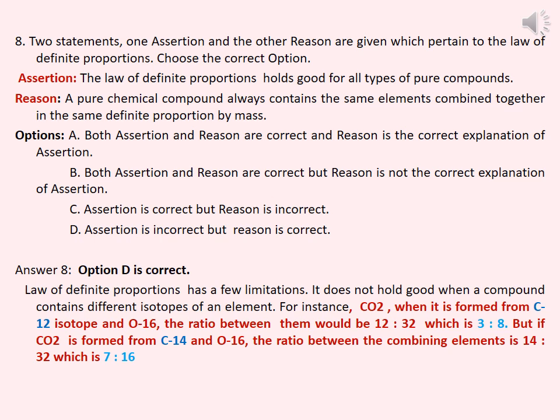For instance, carbon dioxide, when it is formed from C12, that is, atomic mass of carbon is 12, called the carbon 12 isotope, and O16, atomic mass of oxygen is 16, the ratio between them would be 12 is to 32 in carbon dioxide.